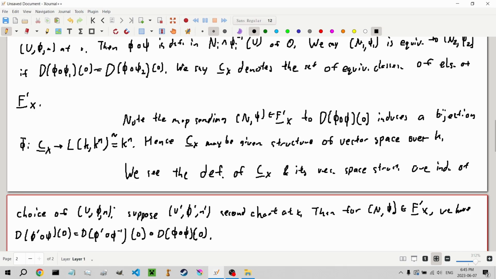And from this we see that the equivalence defining C underline of X is independent of our choice of chart.